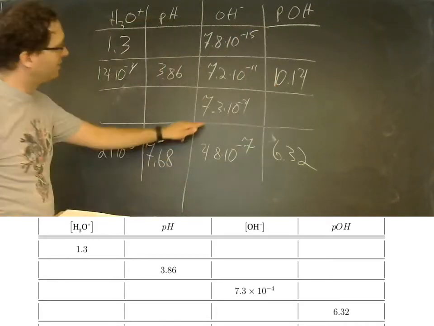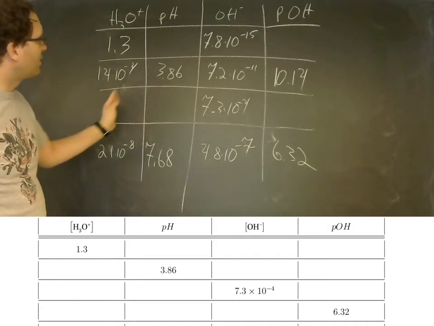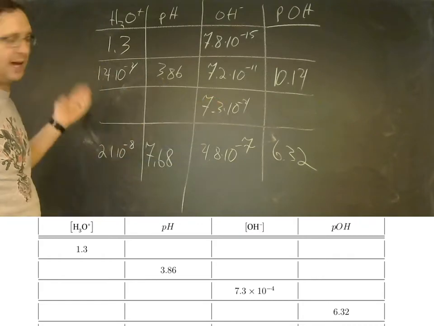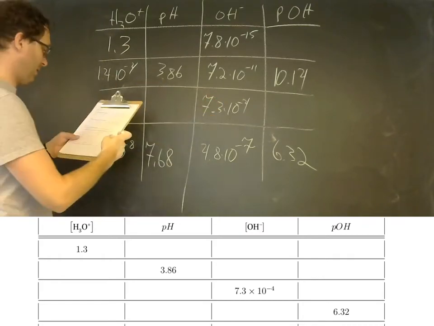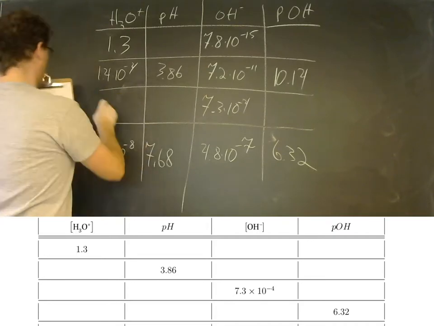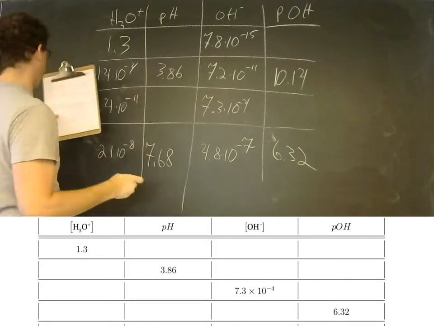And I can do the same thing here. 10 to the negative 14th is equal to the H3O plus times the OH minus. So I'll take 10 to the negative 14th and divide by 7.3 times 10 to the negative 4th. I get 1.4 times 10 to the negative 11th.